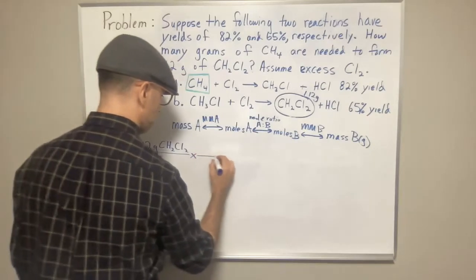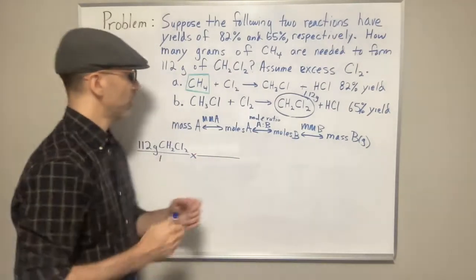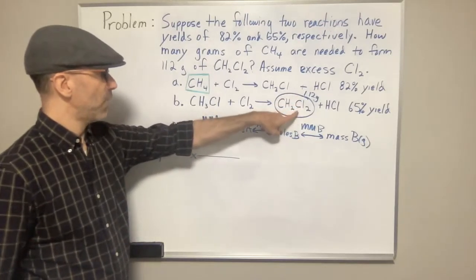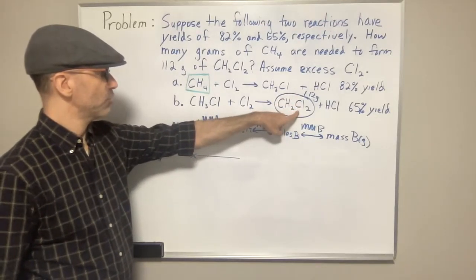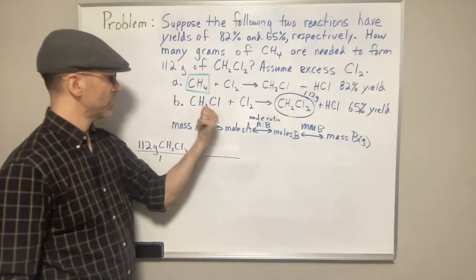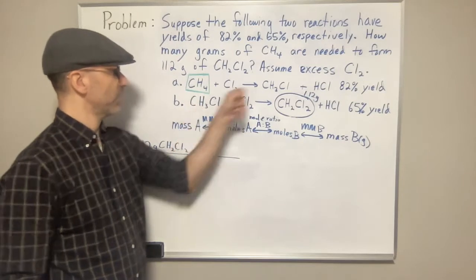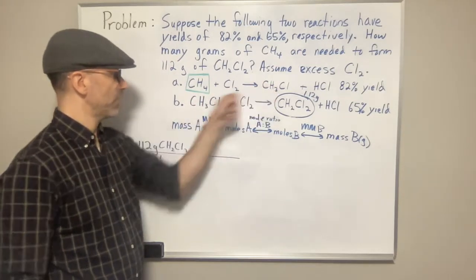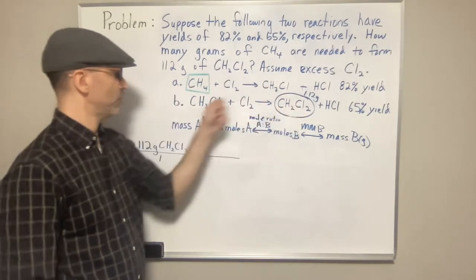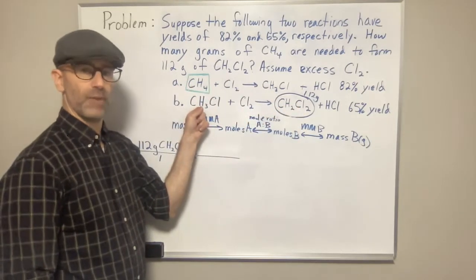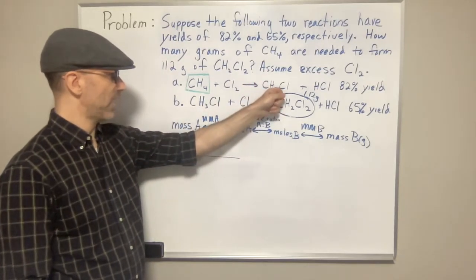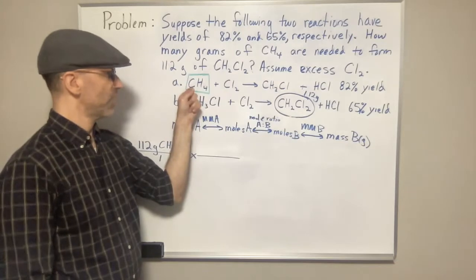So we need to work backwards this way. In order to work backwards, I want to convert this amount of CH2Cl2 into the CH3Cl here, because I can then go from here to here in this equation. So I want to convert this to CH3Cl first, and then I can use the amount of CH3Cl that I have to convert to CH4.